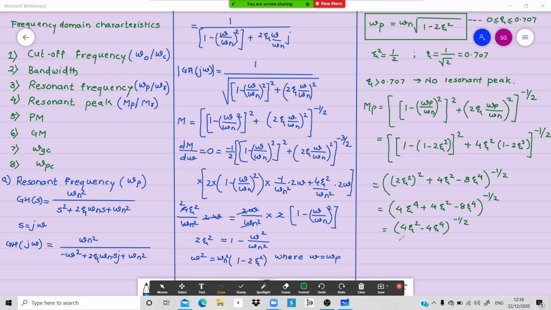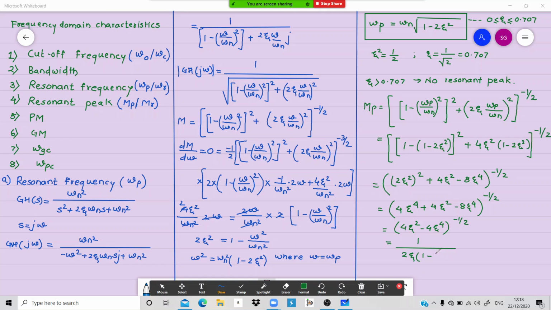If I take 4 zeta square common, then after taking root sign it will be 2 zeta, and I'll write 1 upon, because it is raised to minus 1. I reversed it and I'll take root also. So 4 zeta square was common, root of that will be 2 zeta, and inside the bracket it will be 1 minus what is remaining, 4 zeta square, right?